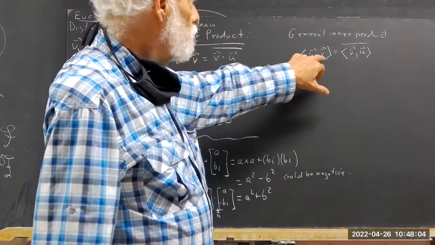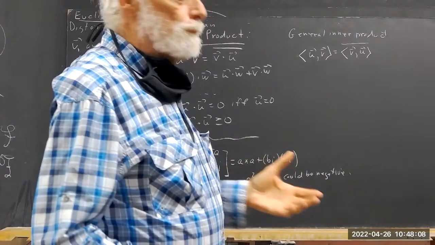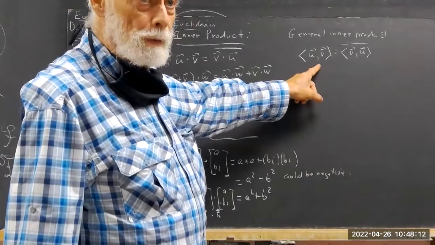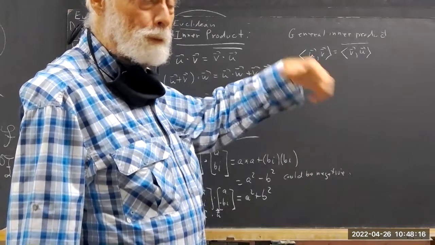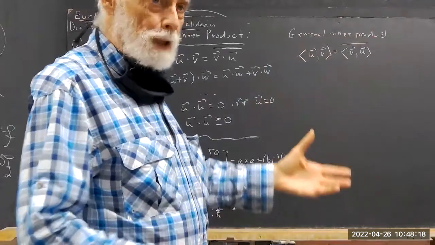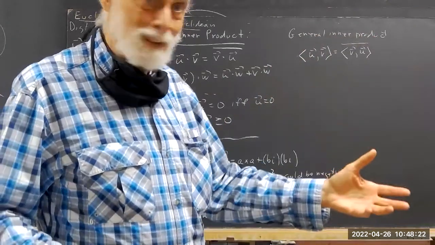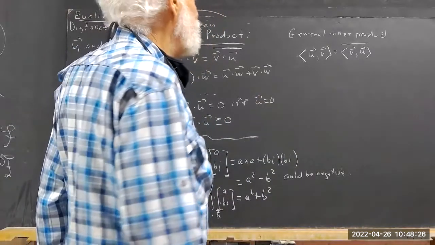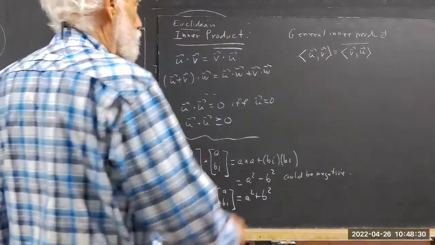Remember that U and V could be 2, 3, 4, 5, 6 entries, each of these some complex numbers. Could be an ordered pair, an ordered triple, an ordered quadruple. And then the others are expressed the same.